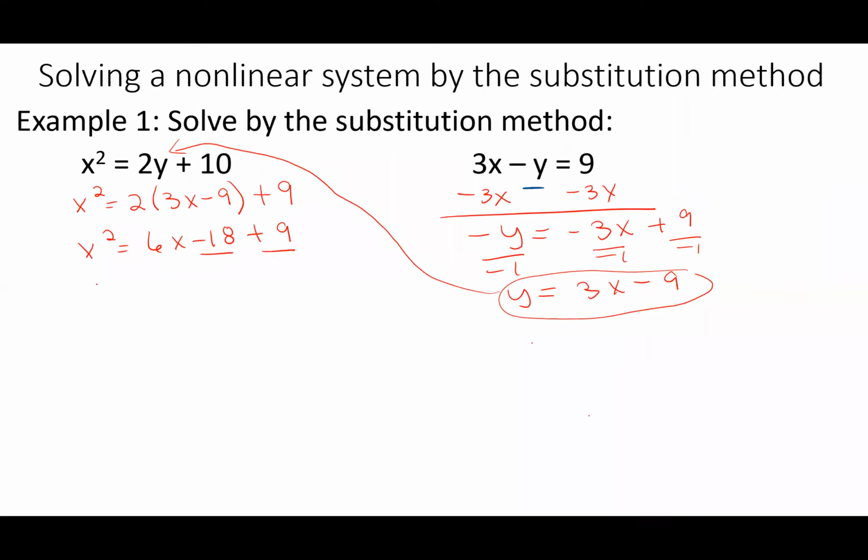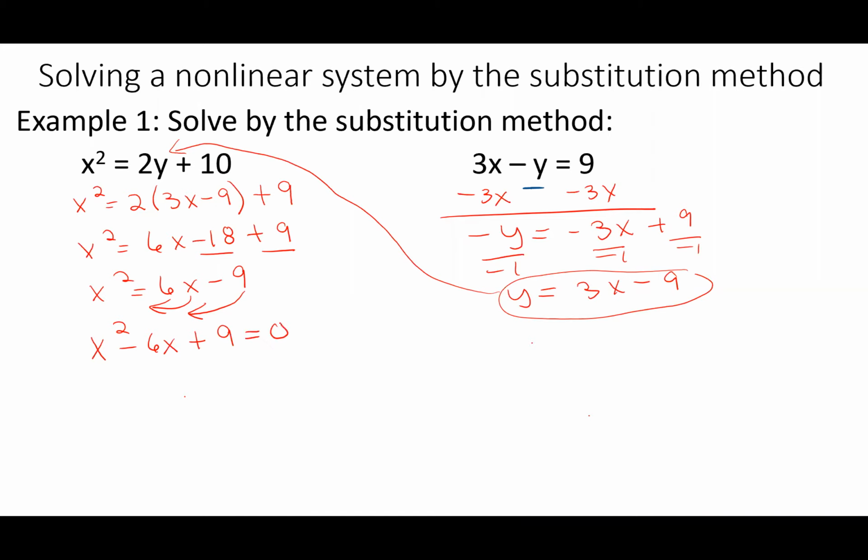Combining my like terms, I've got x squared equals 6x minus 9. To solve this for x, I need to set it equal to 0. So I'm going to move my 6x and my negative 9 to the left. Remember, when I move them to the opposite side, the signs on them change.